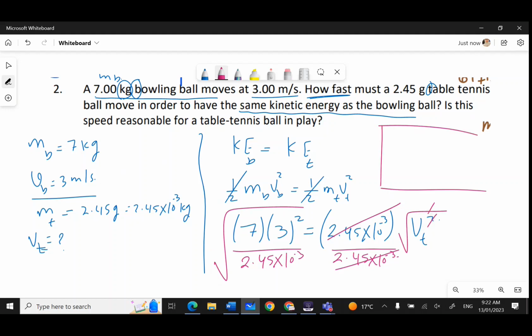VT, after you calculate this one, you should get 1.6 times 10 to the power 2. Don't forget the unit, meters per second. I'm going to stop here and then we'll continue the rest of the worksheet in the next video, inshallah.